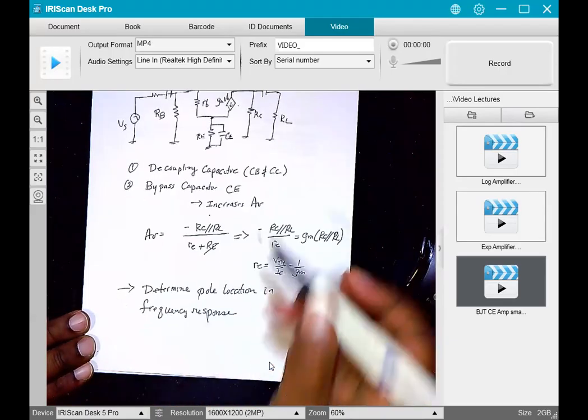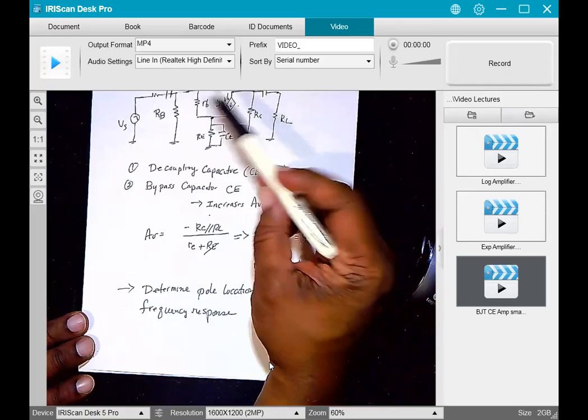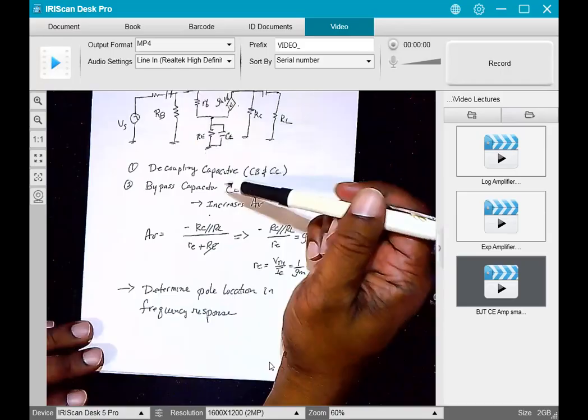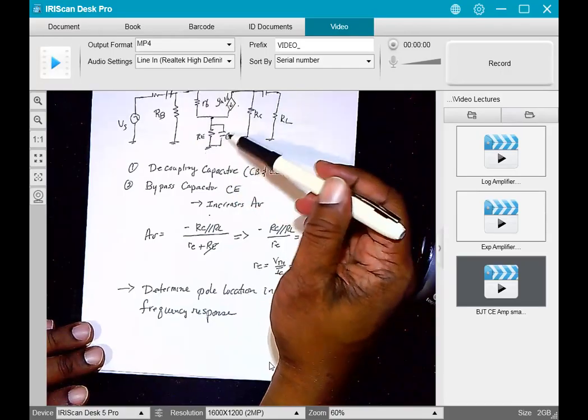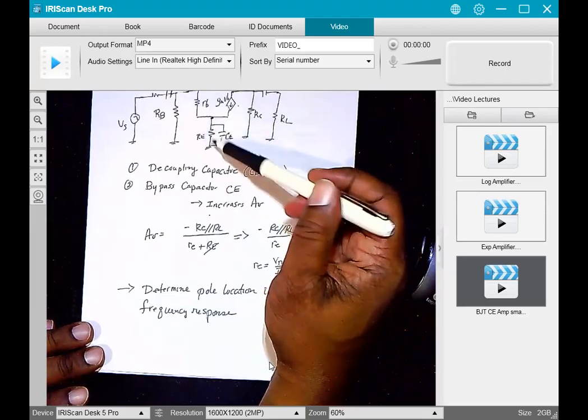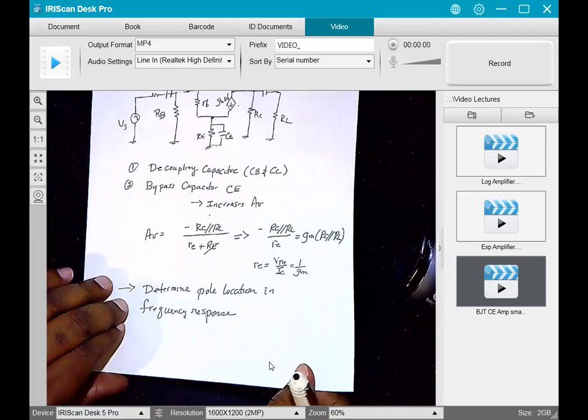So we're going to have a pole associated with CE, a pole associated with CC, a pole associated with CB. And the exact location of them depends upon the size of the capacitors and also the size of the Thevenin equivalent resistance seen across their terminals, which we looked at last night.